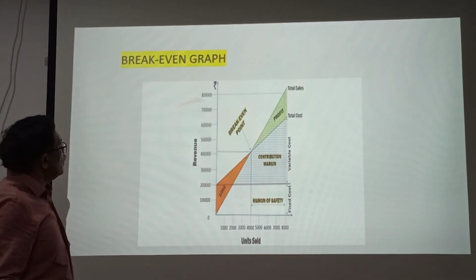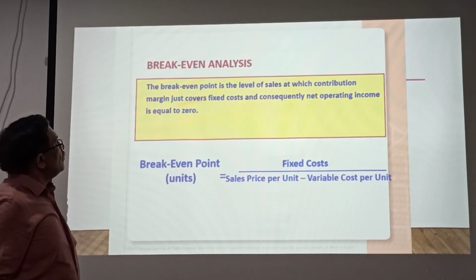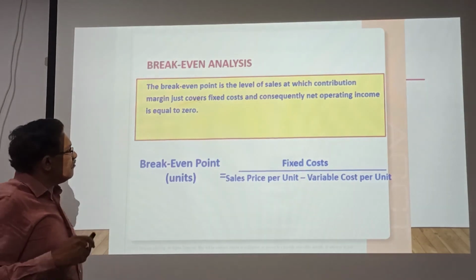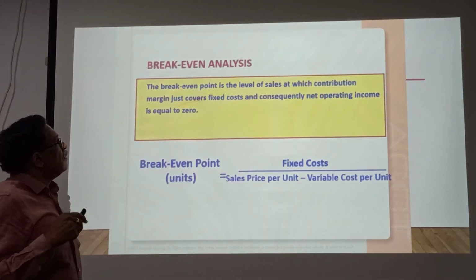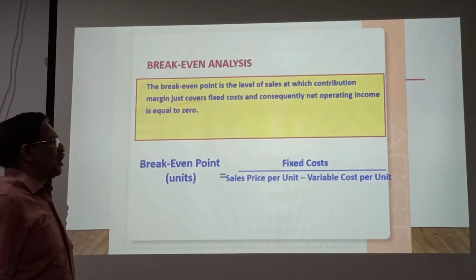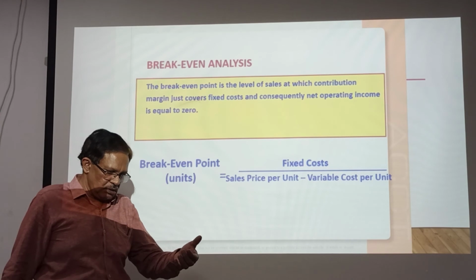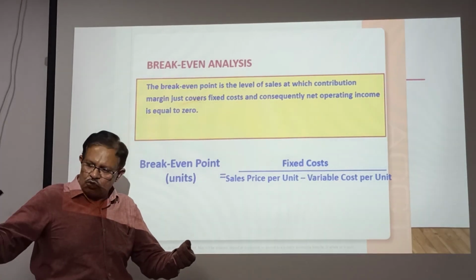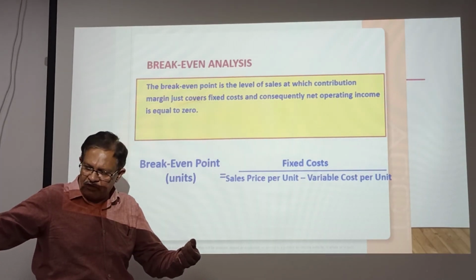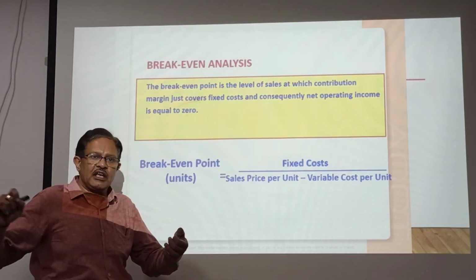Now, if you want to calculate the break-even point with the formula, what we have said is that if sales minus variable cost is equivalent to the fixed cost and you are not left with any profit, that is the point which we call the break-even point.